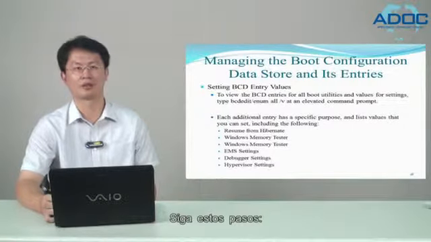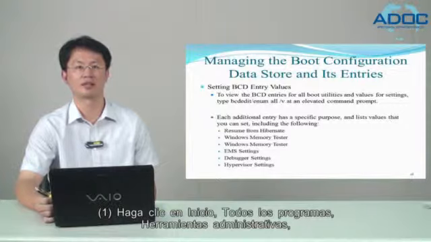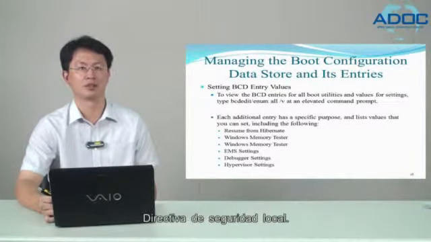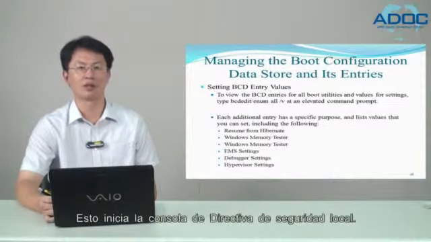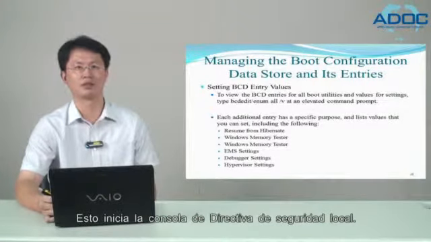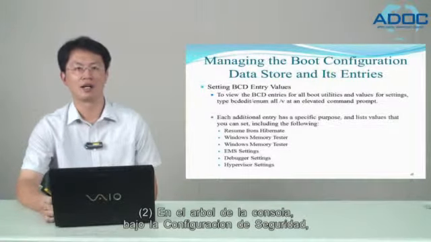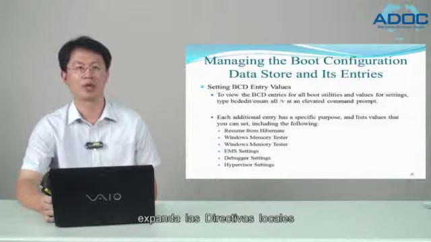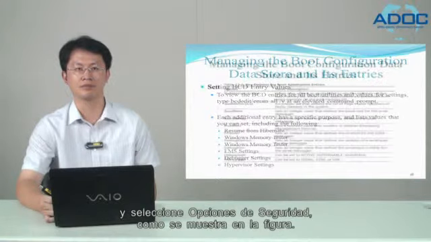To access Local Security Policy and configure UAC settings, follow these steps. First, click Start, All Programs, Administrative Tools, Local Security Policy. This starts the Local Security Policy console. Second, in the console tree, under Security Settings, expand Local Policies and then select Security Options, as shown in the figure.